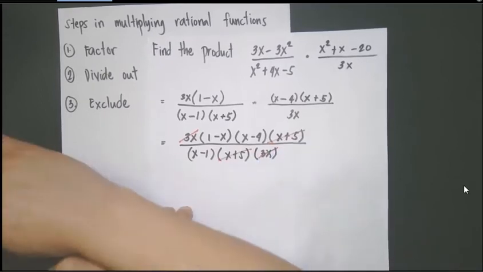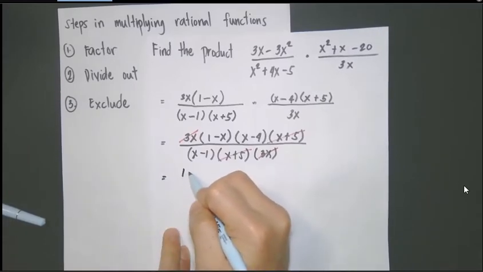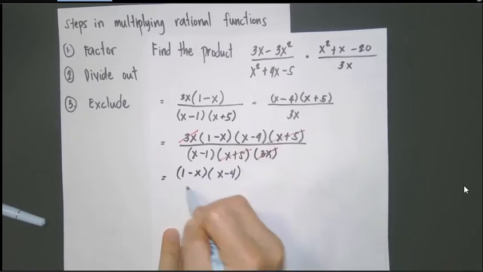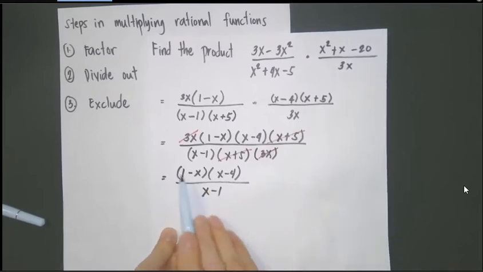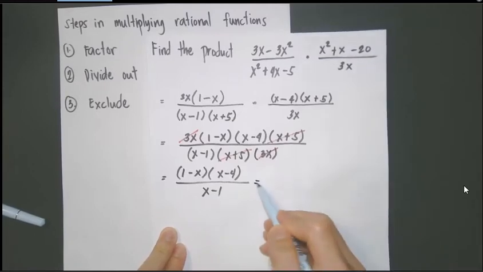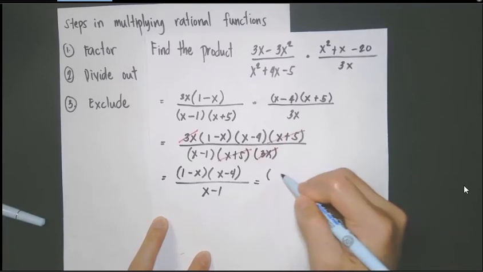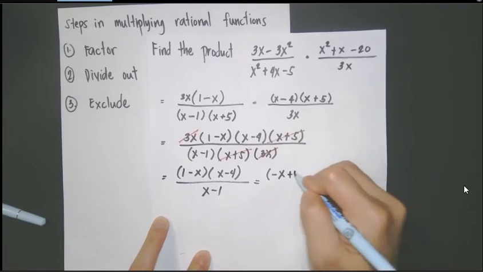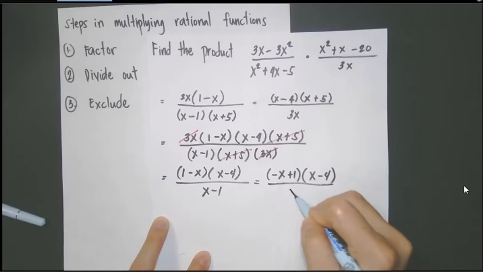Now we are left with 1 minus x times x minus 4 over x minus 1. If you try to see, it seems like 1 minus x and x minus 1 are similar. But if you rewrite 1 minus x, you'll have negative x plus 1, times x minus 4 over x minus 1.